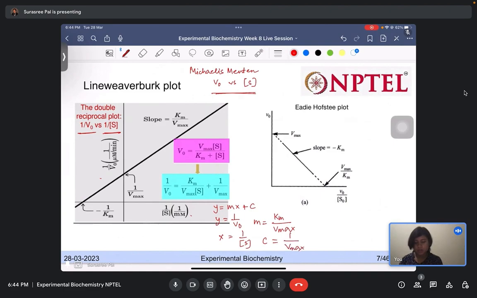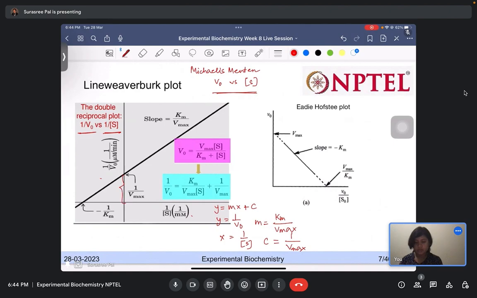So this is the y-intercept, and it gives us the value of 1 by Vmax. So from this curve, the calculation of Vmax becomes very easy. It can be calculated from this y-intercept, and the Km value can also be calculated easily.